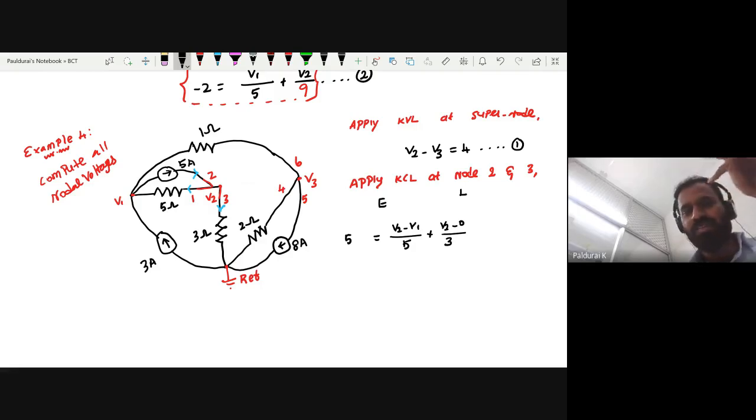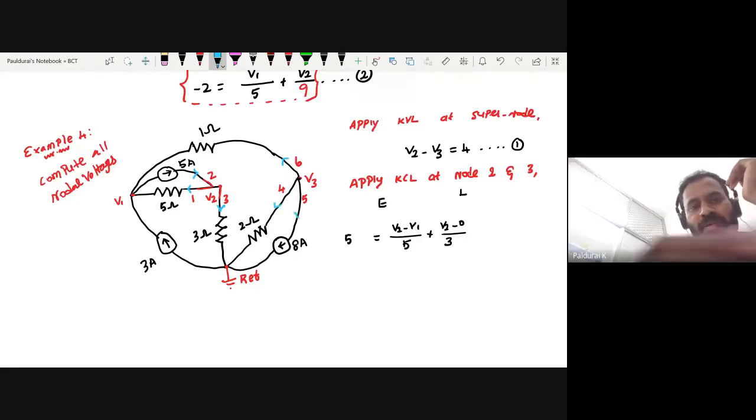Coming to node 3, this is branch number 4, 5, 6 that I have already taken. I want to assume the current direction. Assume all are leaving, so there is no entering, not a problem.